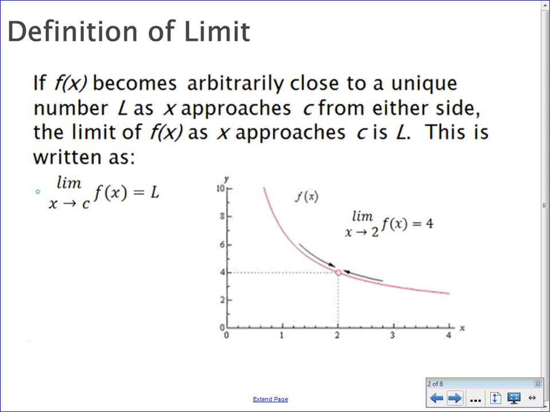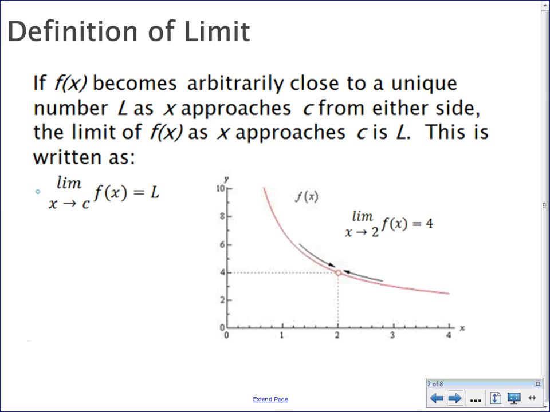Definition of a limit. Please read through it. We will talk about it, but I want you to read through it first. L is the value of our limit.